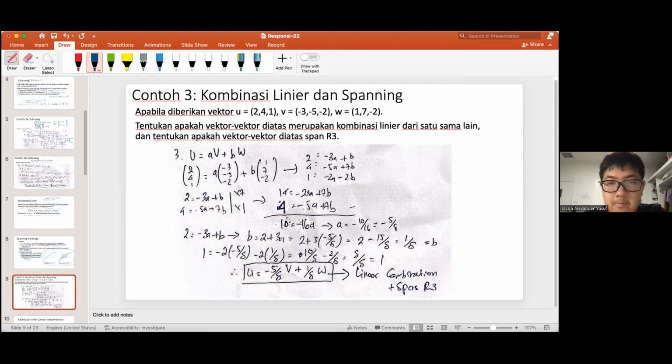If it's consistent, that means we have the solution for a and for b. And this is the linear combination that we have. And automatically, since we determine that they are a linear combination of each other, we can immediately conclude that these vectors span R3. As simple as that.